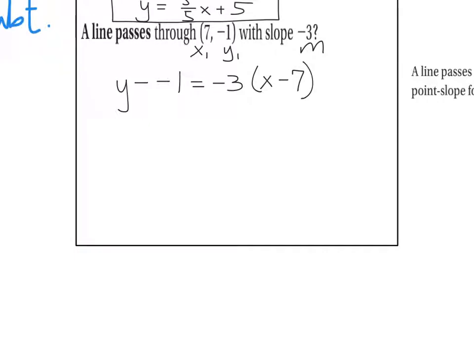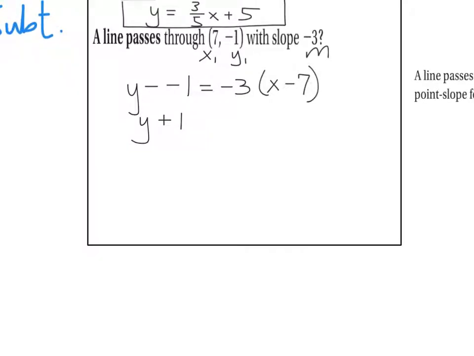This is going to be y plus 1, because two negatives next to each other. Then I'm going to take my -3 and distribute it through. -3 times x is -3x. -3 times -7 is positive 21.